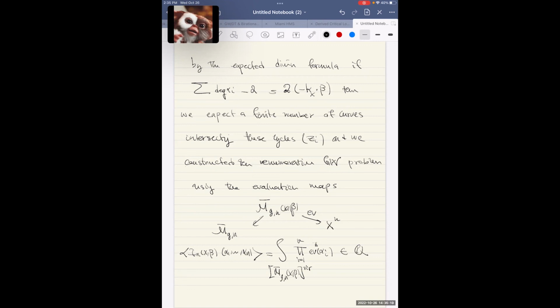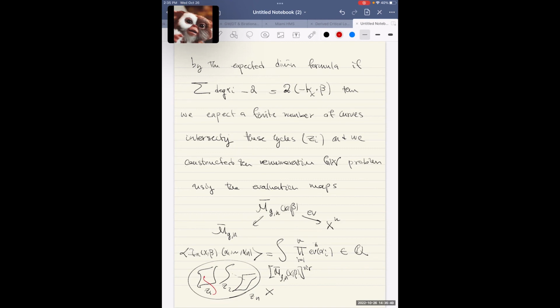The picture we had was X, and cycles of different kinds, Z1, Z2, Z3, Zn, and the enumerative problem was counting curves with n markings on them so that the marked points on the curve intersect exactly with the cycles Z_i.